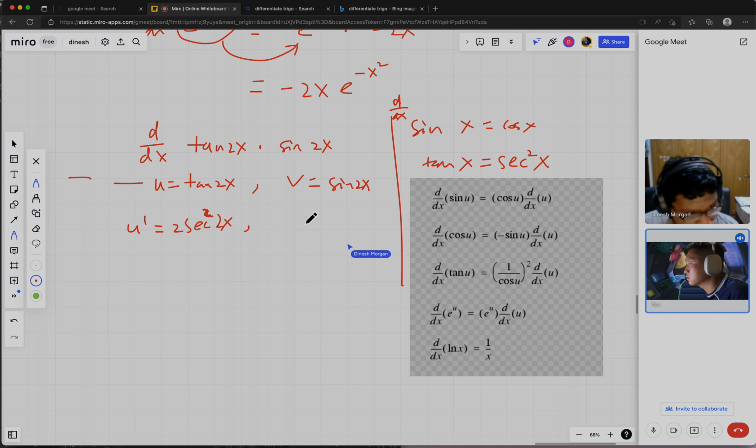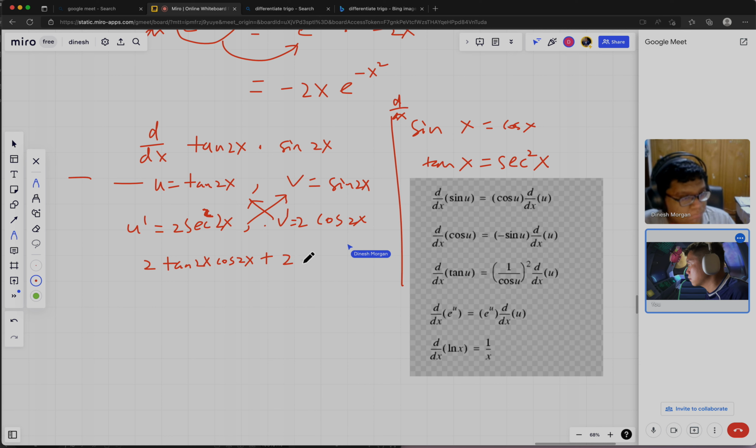And for sine 2x it is cosine 2x, and differentiating 2x inside is 2. So cross multiply. That's it. Of course, it really depends whether you want to simplify them or not.